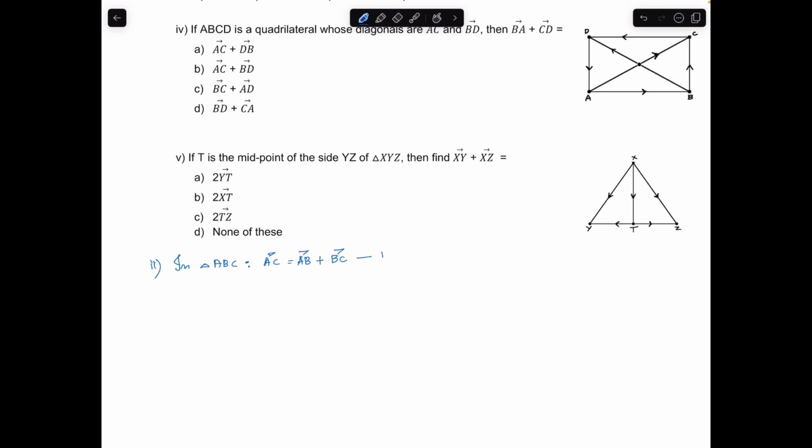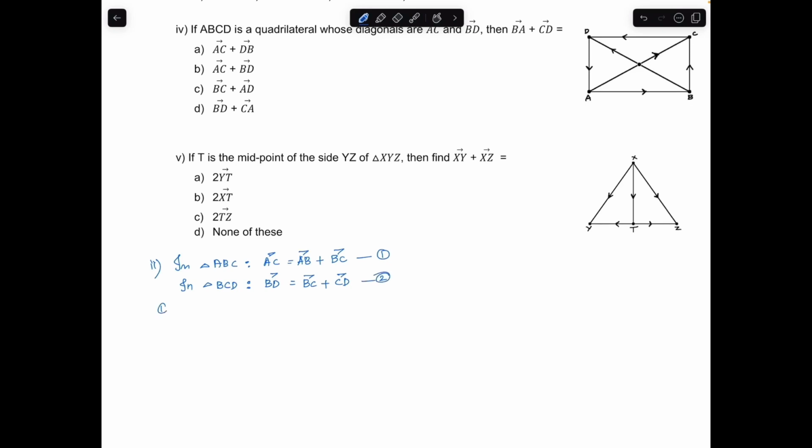Let this be equation 1. And in triangle BCD, BD vector is equal to BC vector plus CD vector.